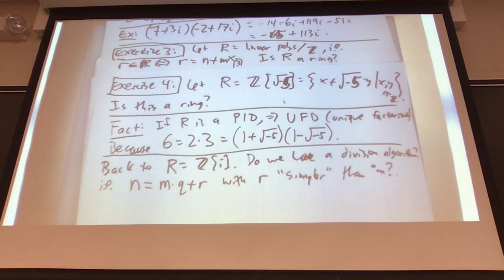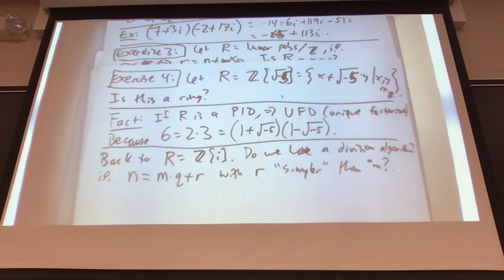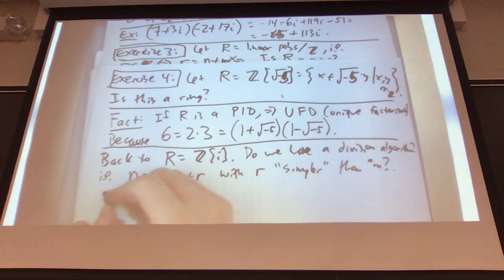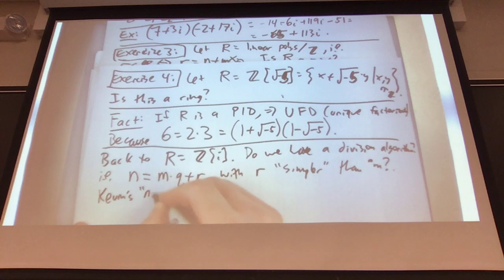Kevin? Can you take like the Euclidean distance rule, like the square root of the real component squared plus the imaginary component squared? Awesome. So Kevin's suggestion is the norm. Norm is a way of measuring complexity. How complex is this number?